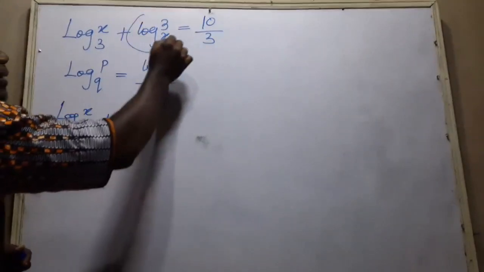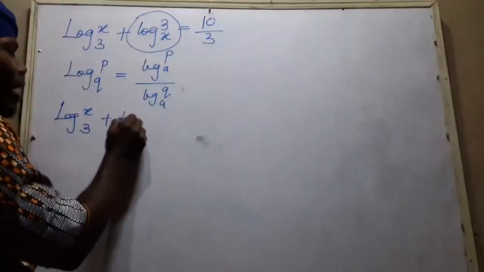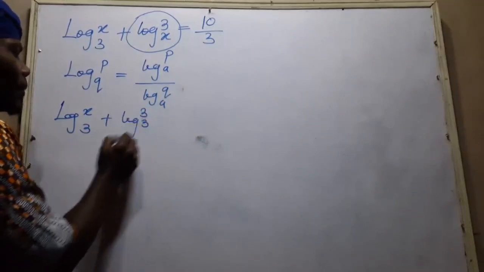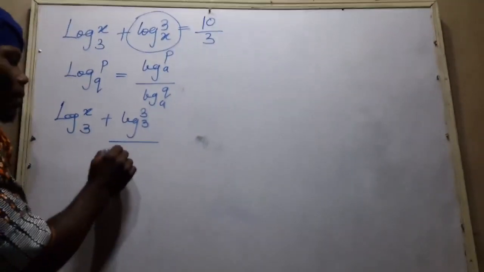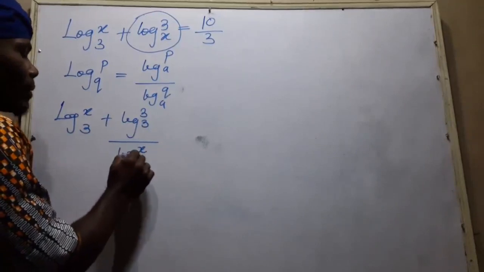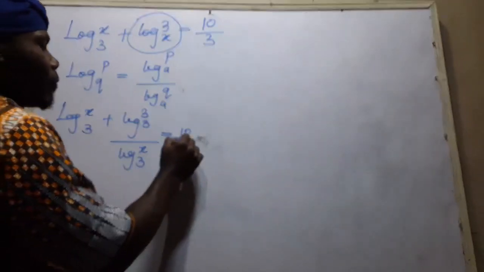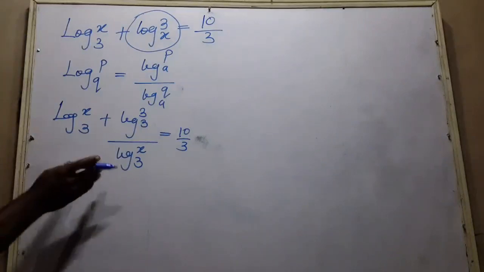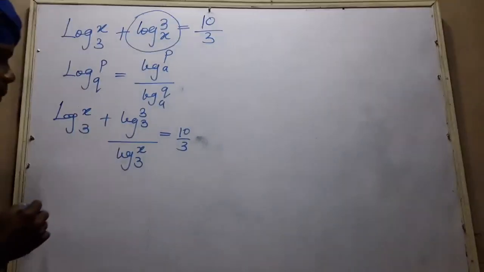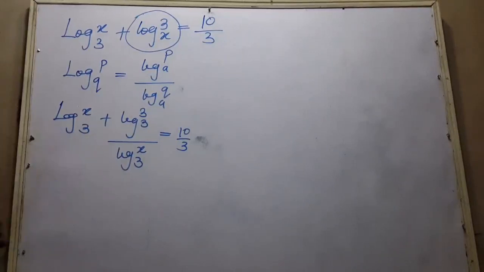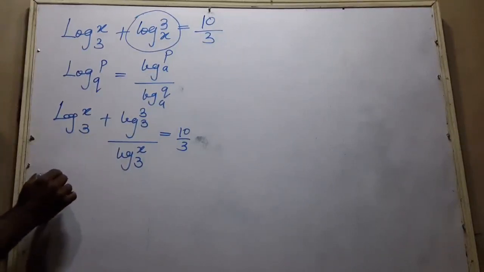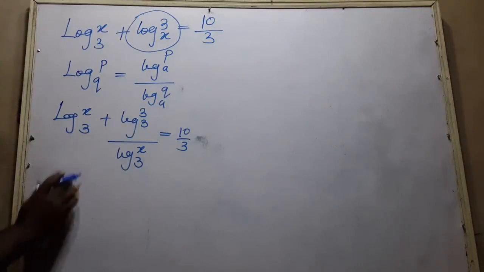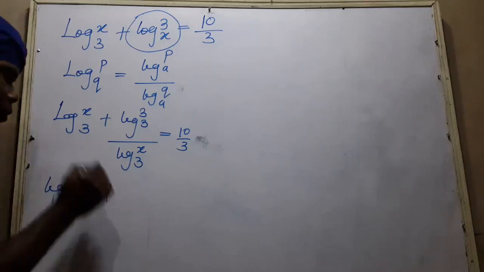So now, we have log x base 3 plus log 3 base x. Let's change the base of this log 3 base x: we have log 3 base 3 divided by log x base 3, equal to 10 over 3. There is another rule which says that the logarithm of a number to the same base will surely give us 1.